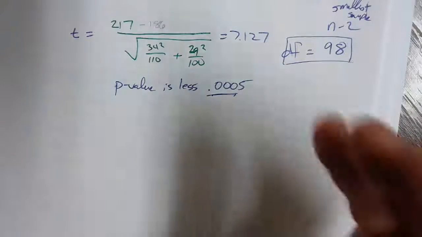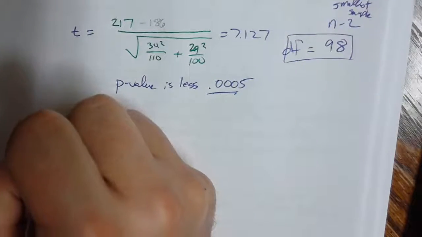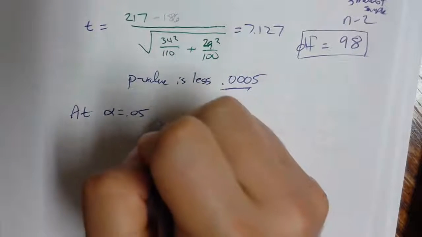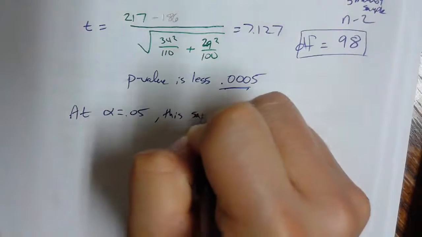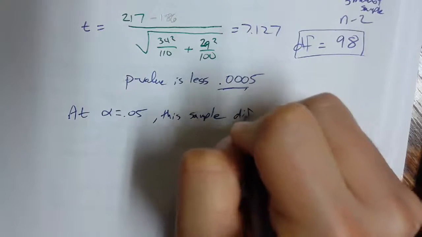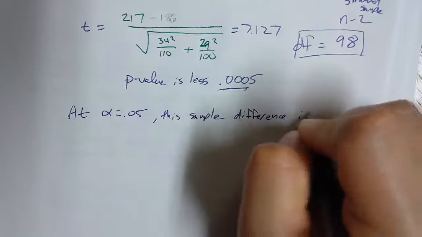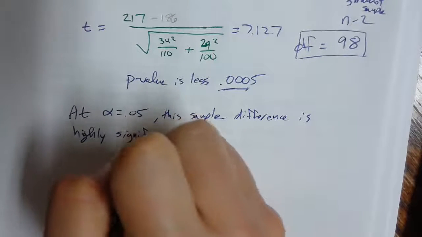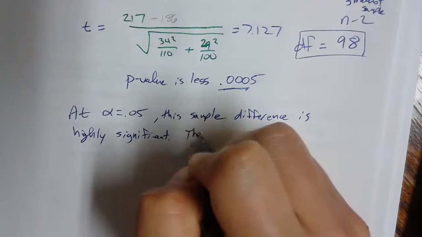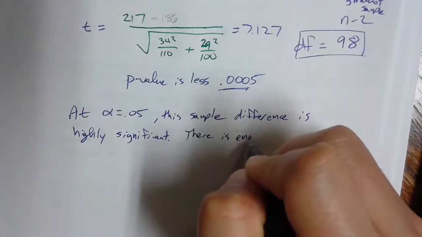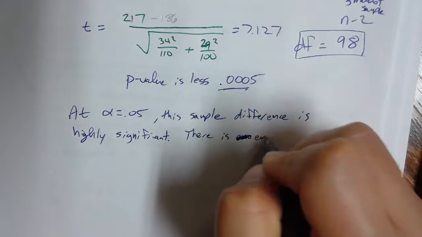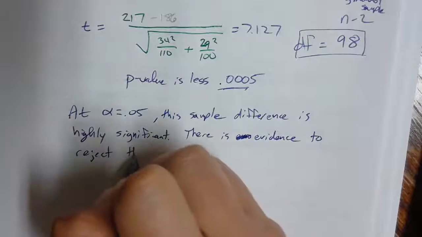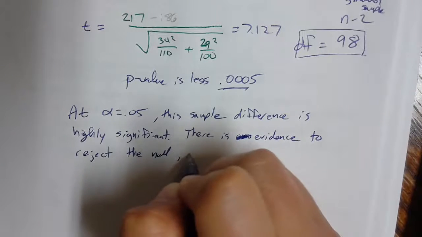So at alpha equals 0.05, this sample difference, you can say it's highly significant. There is evidence to reject the null and accept the alternative hypothesis.